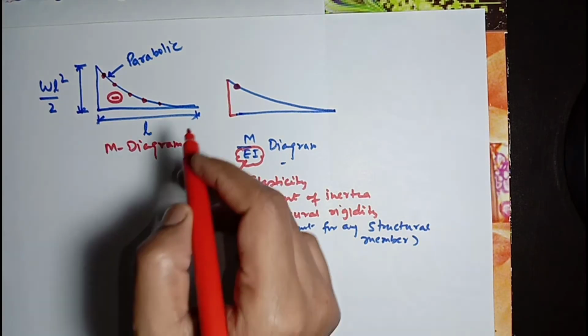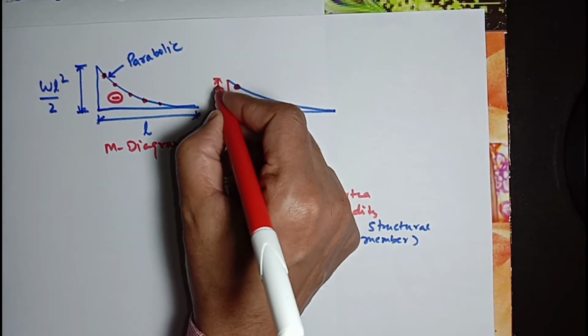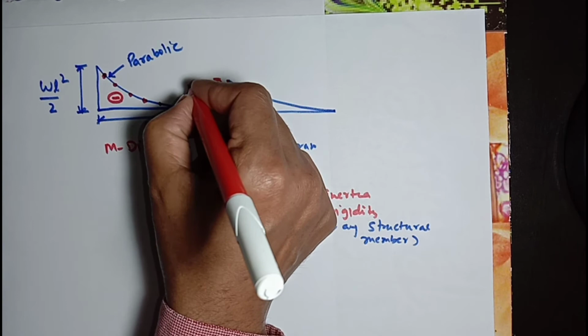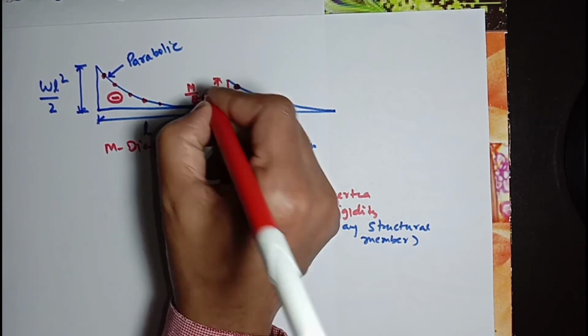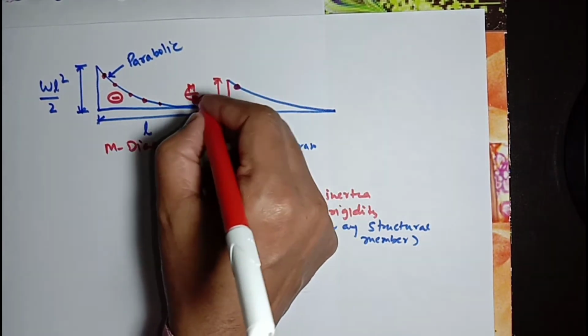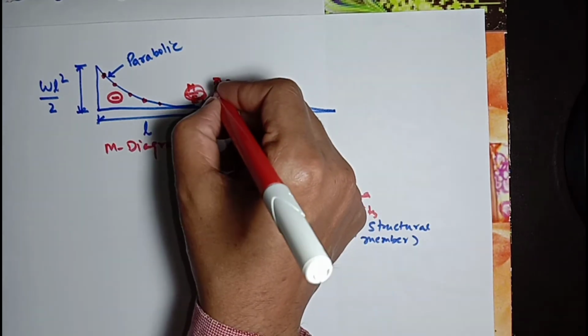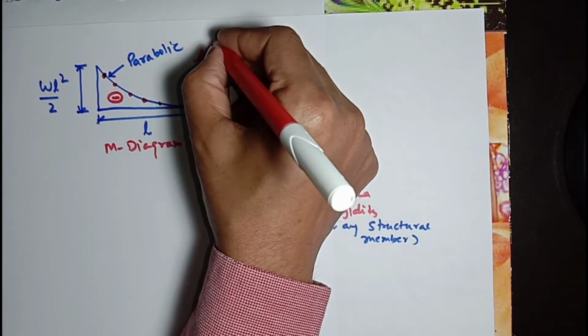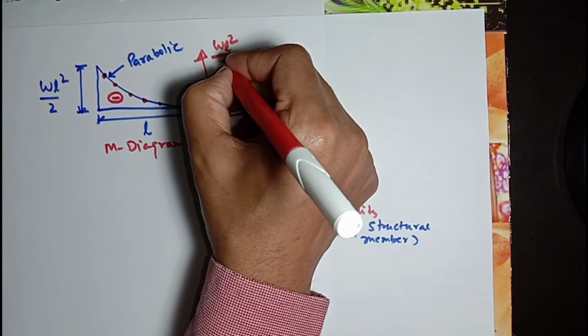So this is the M over EI diagram, and this value will be WL square by twice EI.